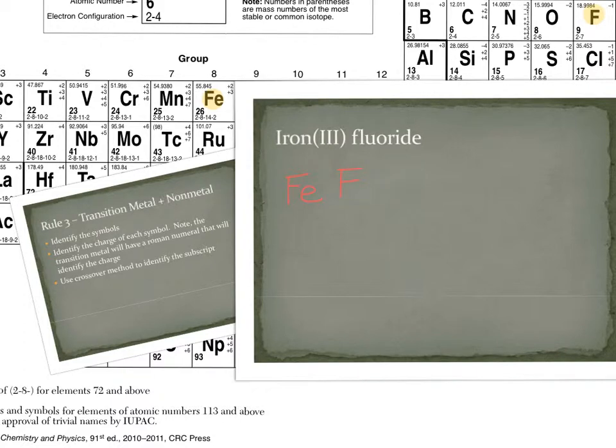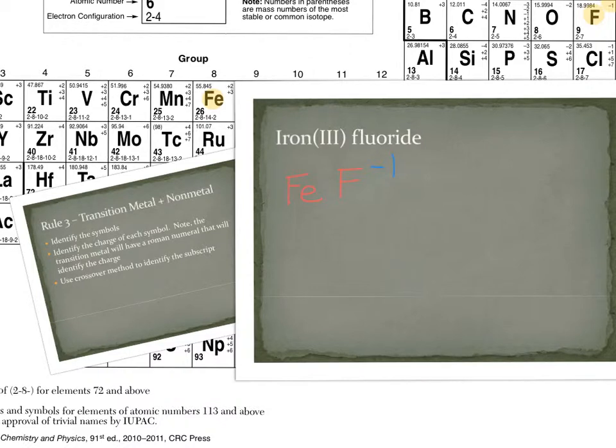Now to get the charges, we are going to look at F, which is a negative 1. And to get the charge of iron, we're actually going to be looking at the compound name. And in this compound name, notice that the Roman numeral said 3. So that gives us the charge of iron.